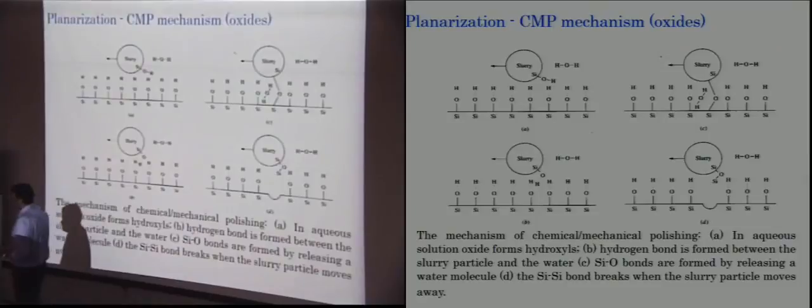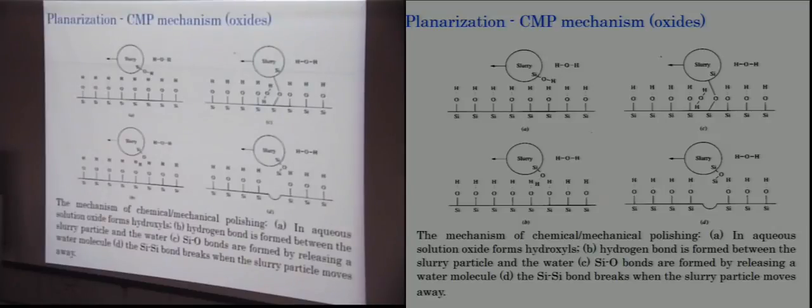When you are trying to polish away oxides, the bottom is the SiO2 surface. Because we are working in an aqueous, alkaline condition, the SiO2 surface will have these OH bonds being created. So the top surface of the SiO2 will actually be hydrolyzed into SiOH bonds.